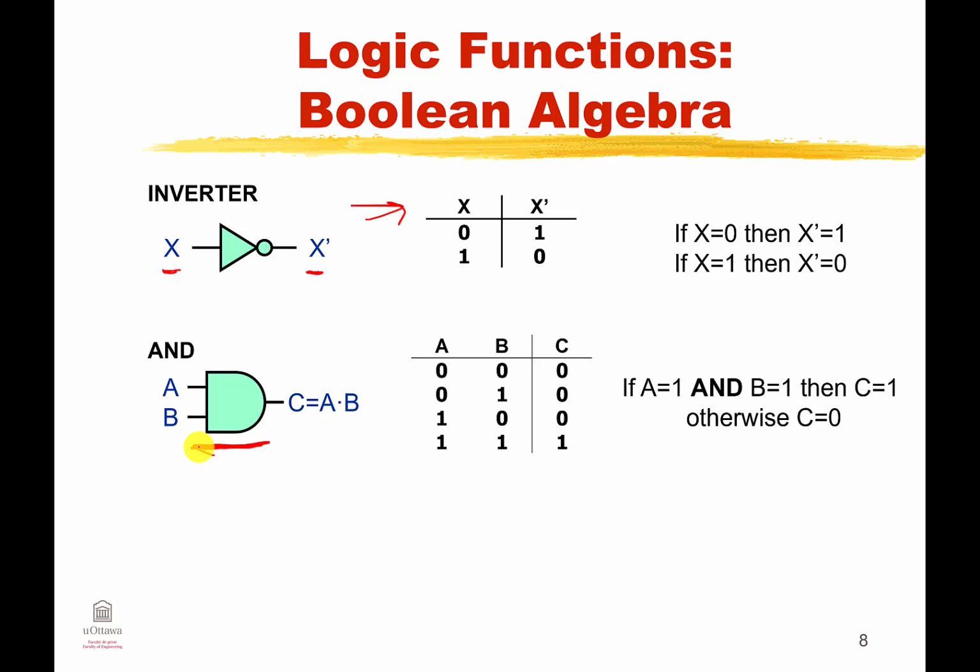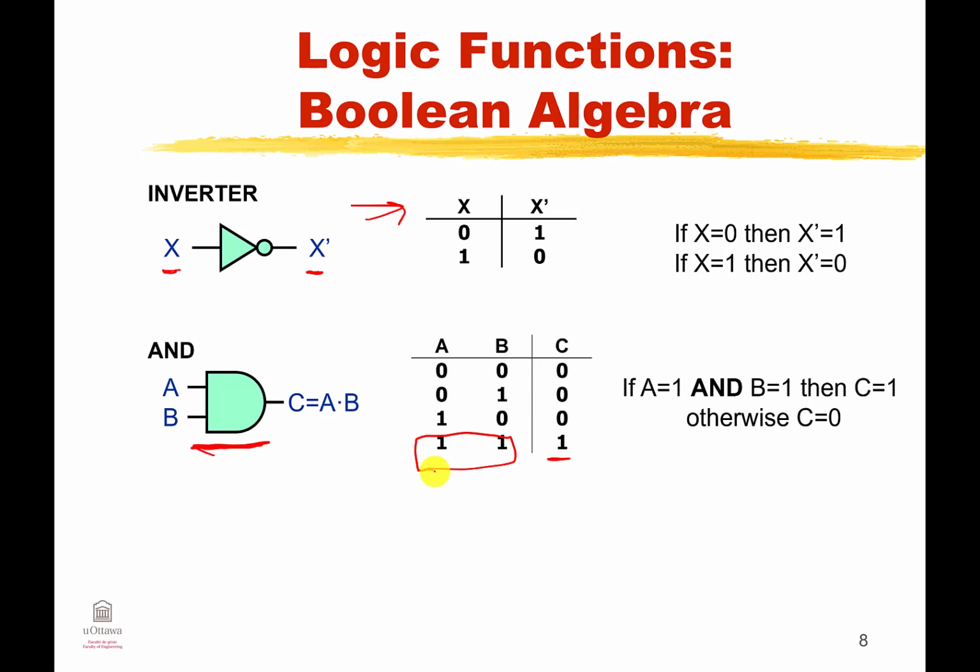The AND is called all or nothing. Why is the AND called an all or nothing gate? Because the AND will only give you an output of 1, which represents high, if both inputs are equal to 1, or if both inputs are high.